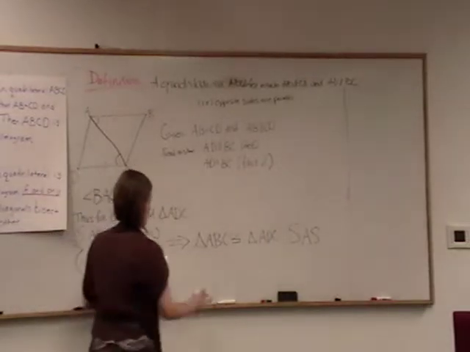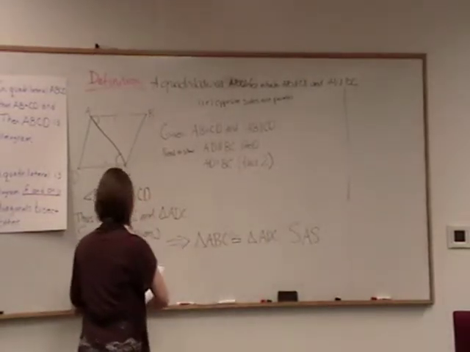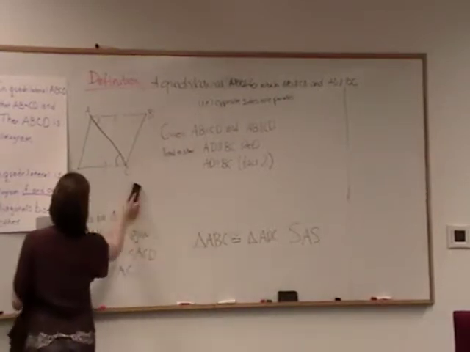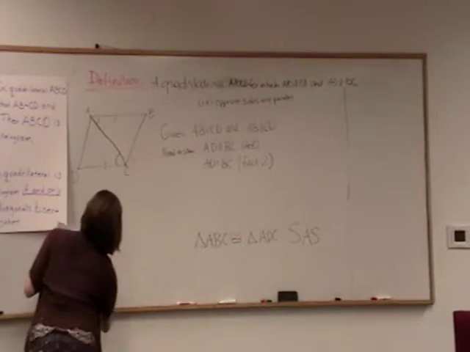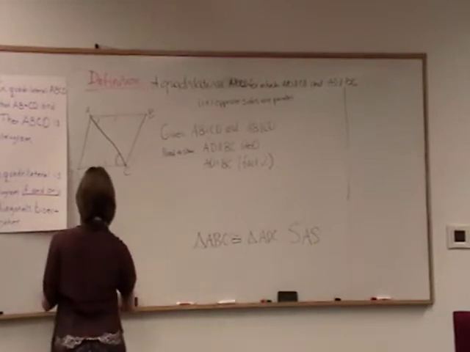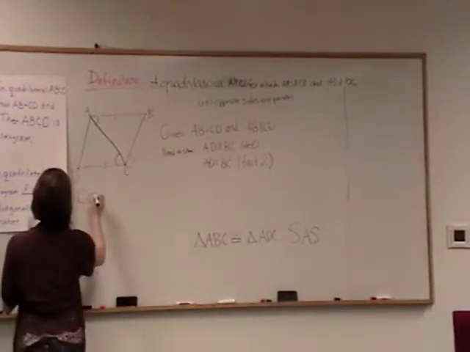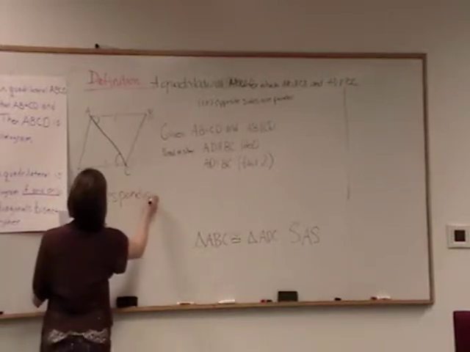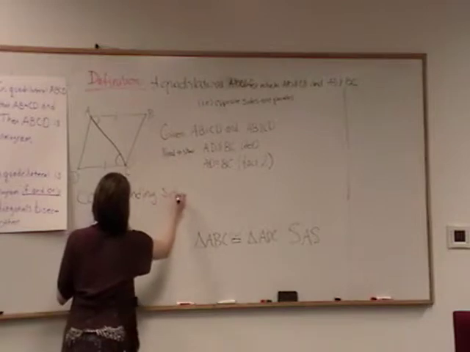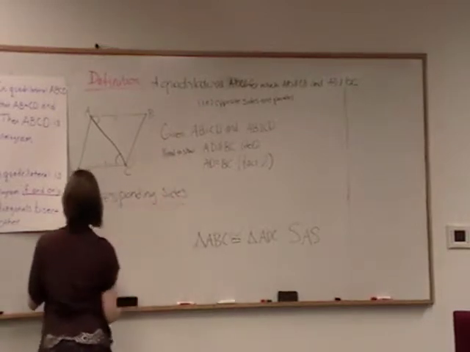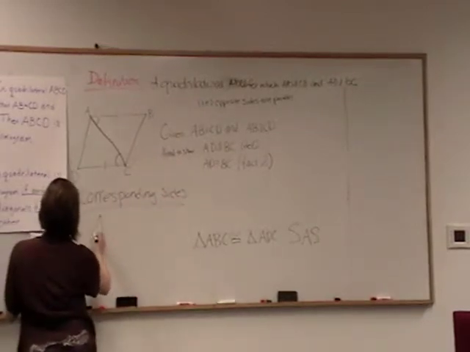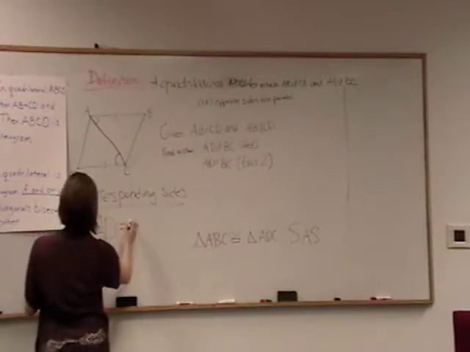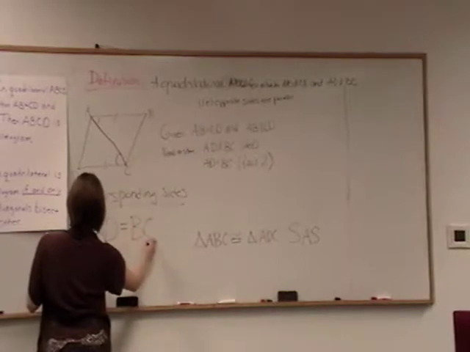Thus, since these two triangles are congruent, we know by corresponding sides that AD has to be equal to BC.